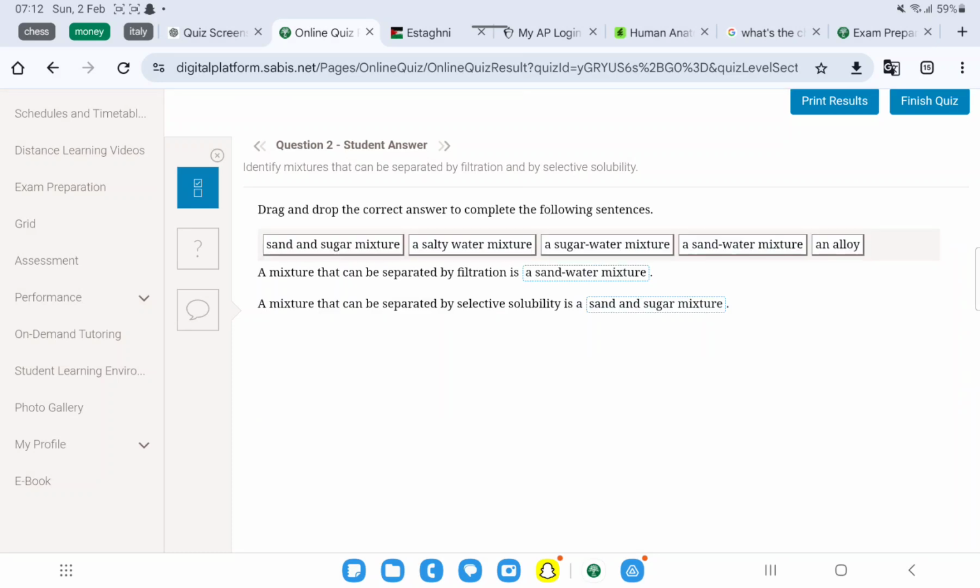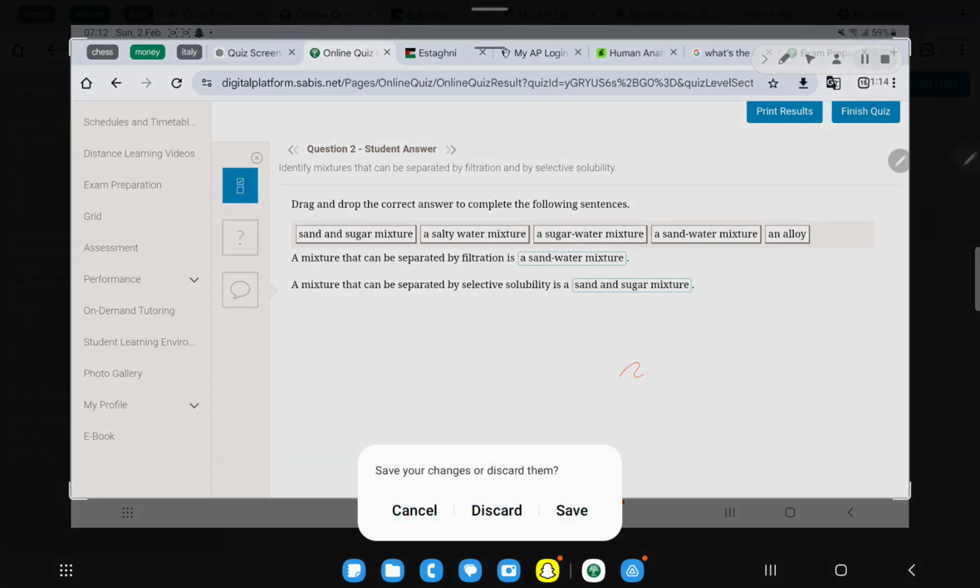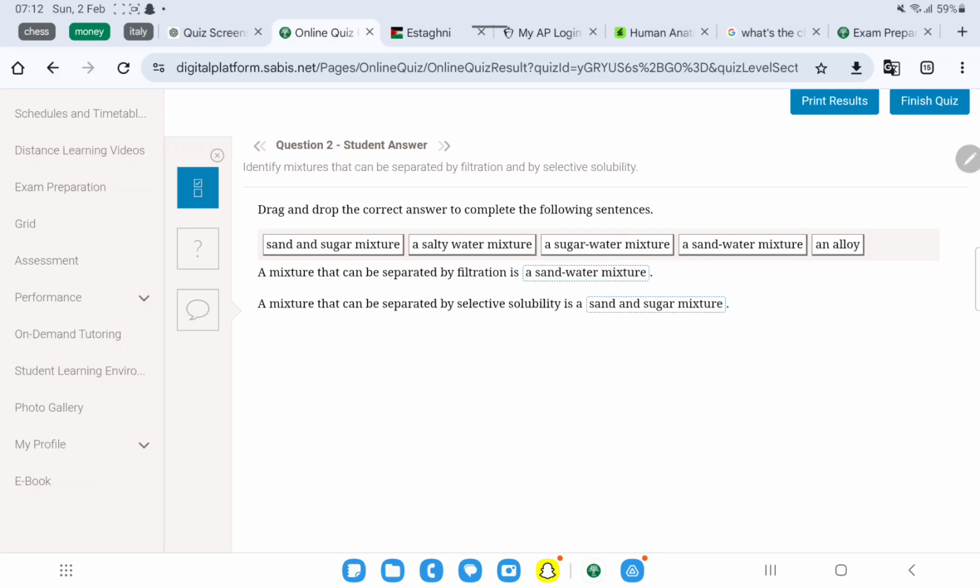A mixture that can be separated by filtration, as we said before in previous AMSs, to use filtration, it has to be an insoluble solid and a liquid.